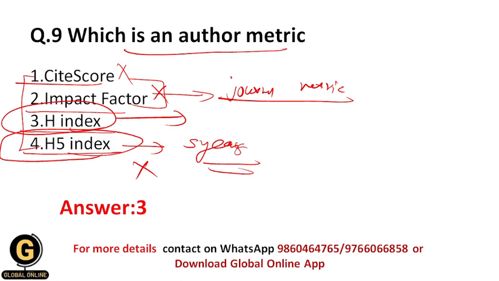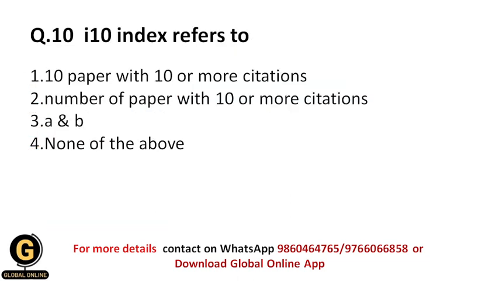And that's why, remember students, that H index is an author metric. This is not a journal metric, okay. And all of these, CiteScore, impact factor, H5 index, then AI, all of these are journal metrics. Again, eigenfactor is a journal metric, okay. So your correct answer should be 3.